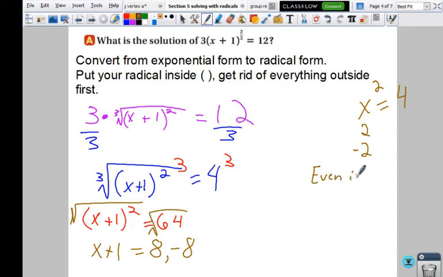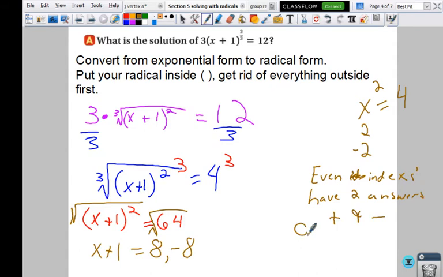Even indexes have 2 answers. We have a positive and a negative. This only happens, though, when you make the radical yourself. I made the square root, right? It wasn't in my problem already. I made it myself, so I have 2 answers.